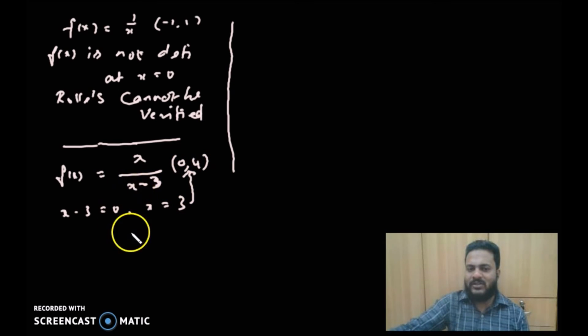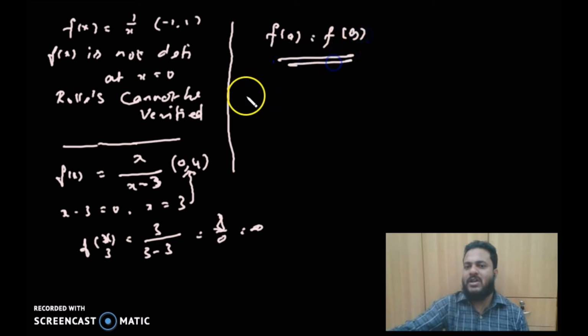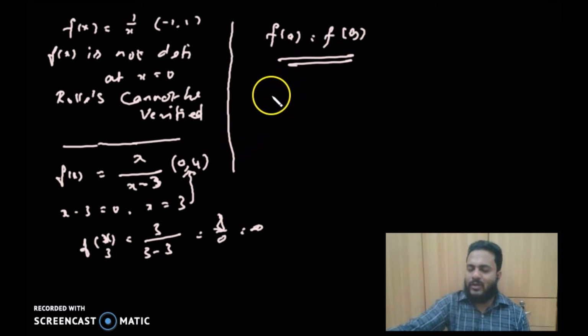But if you put x equal to 3, f of x becomes 3 divided by 3 minus 3, that is 3 divided by 0, which is undefined, and hence we cannot verify Rolle's theorem for this function. It is especially for a symmetric function for which you get f of a equal to f of b, and sometimes you have to be careful with this last condition also.